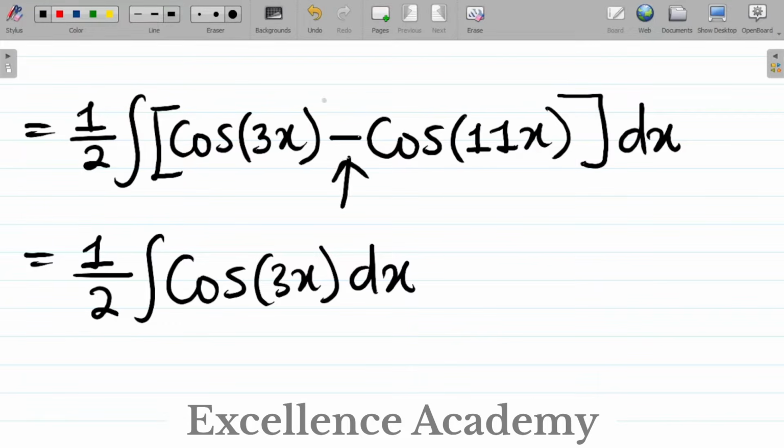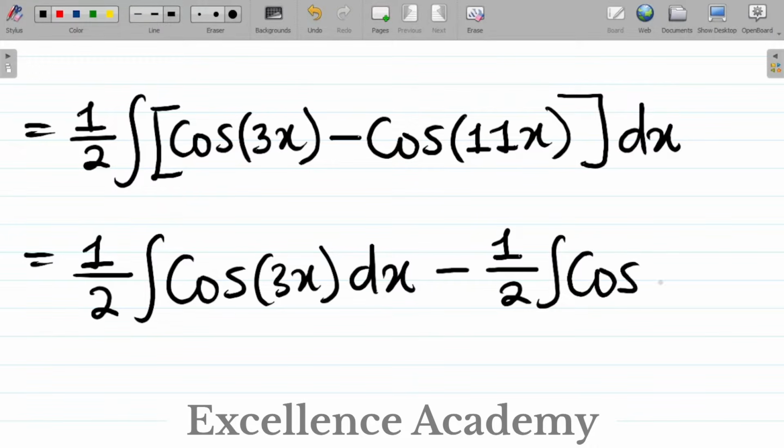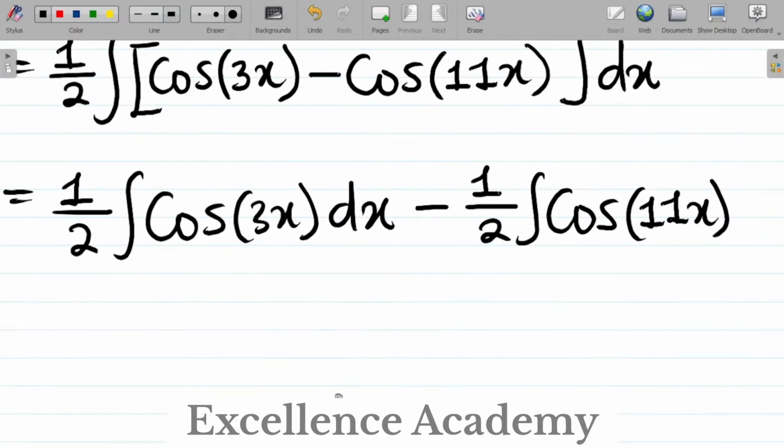The sign here is minus, so it becomes minus half times the integral of cos 11x dx.